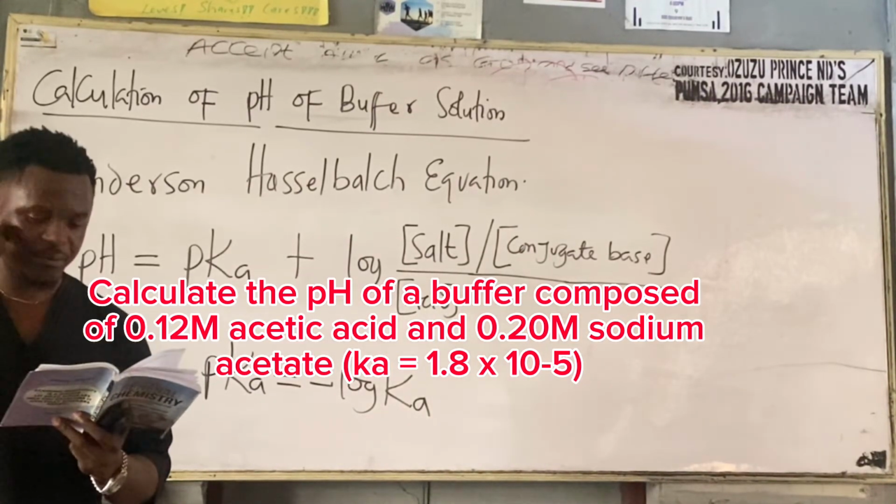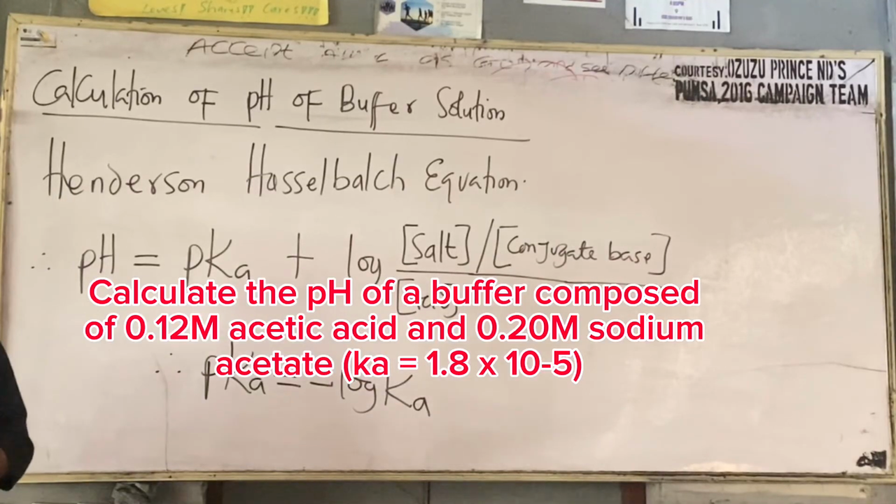Calculate the pH of a buffer solution composed of 0.12 molar acetic acid and 0.20 molar sodium acetate.